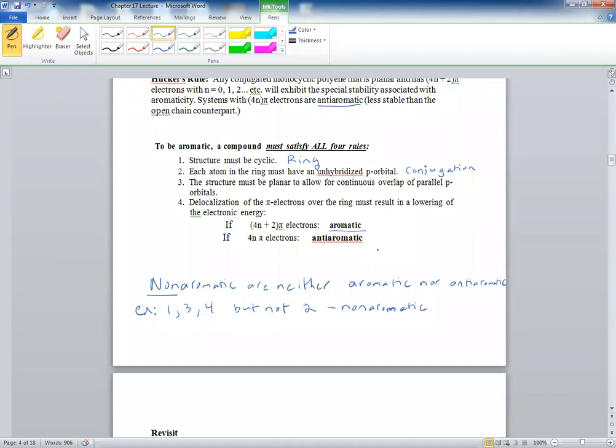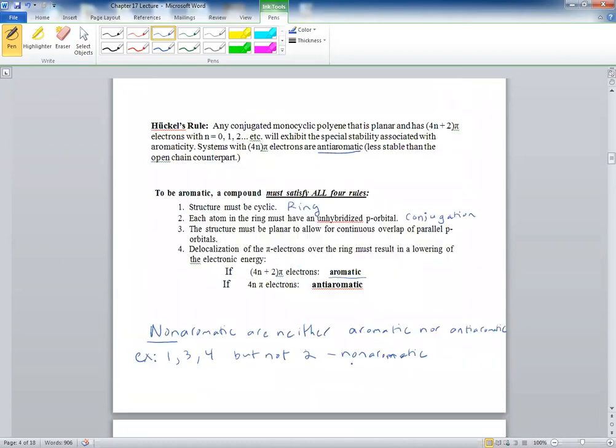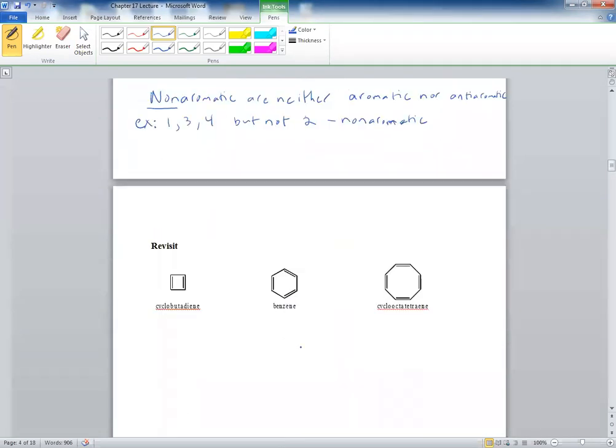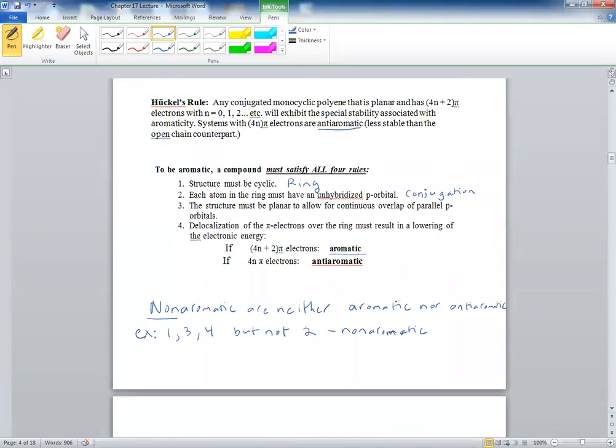Now, before I continue, let me tell you what I mean about the 4n plus 2 electrons. And then in another video, we'll work on these examples again. When it comes to the 4n plus 2 electrons, you would like to do the following.